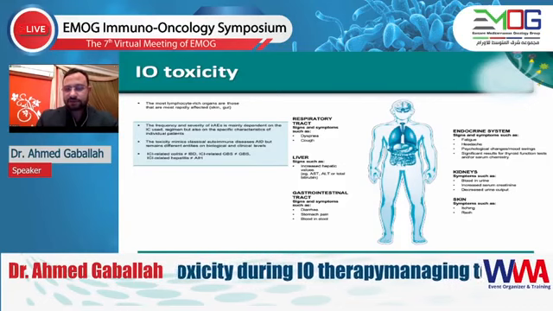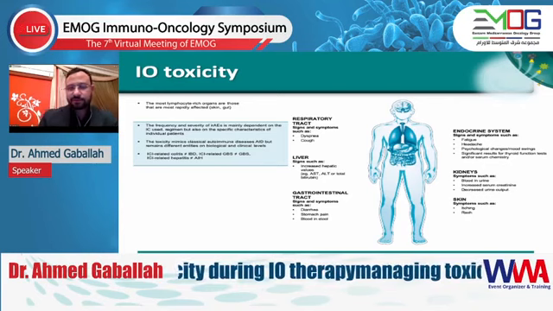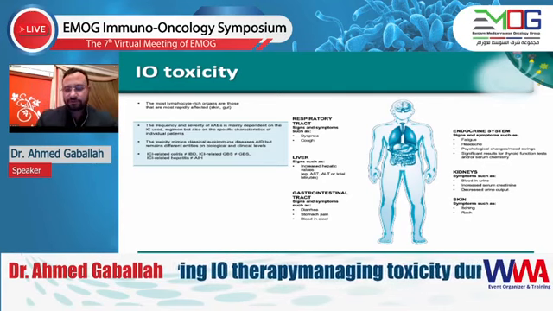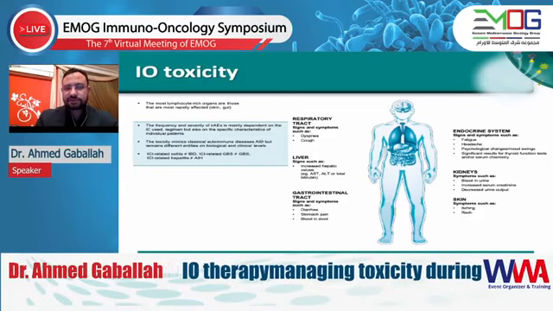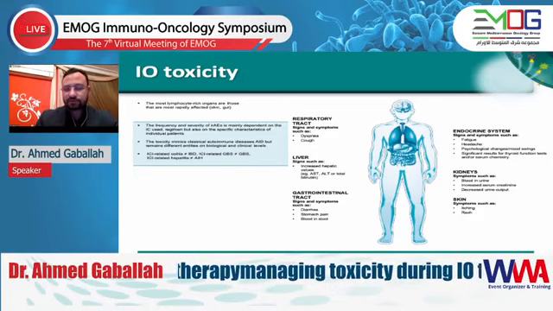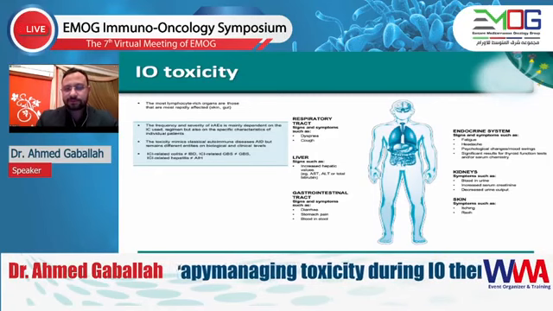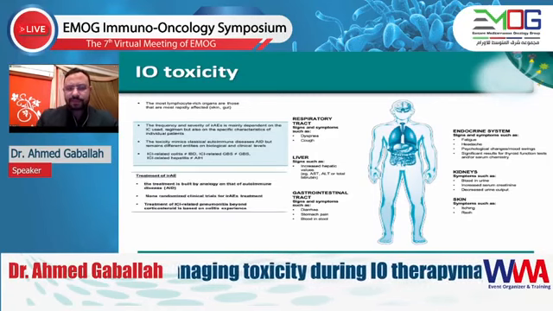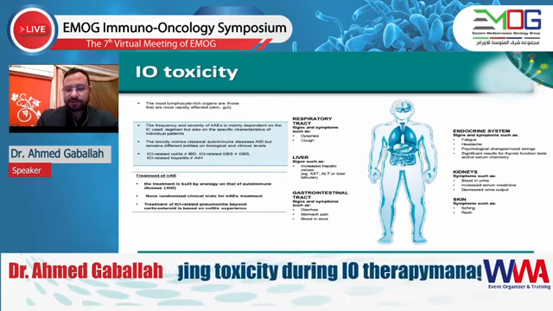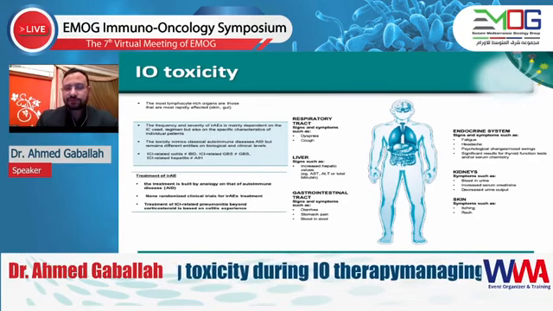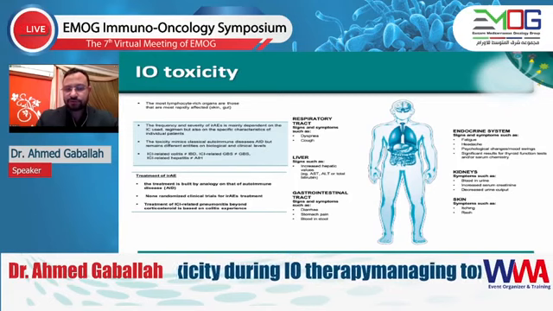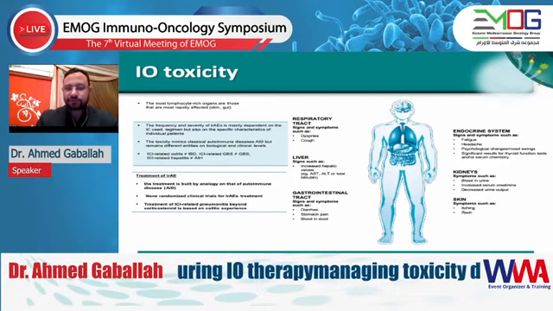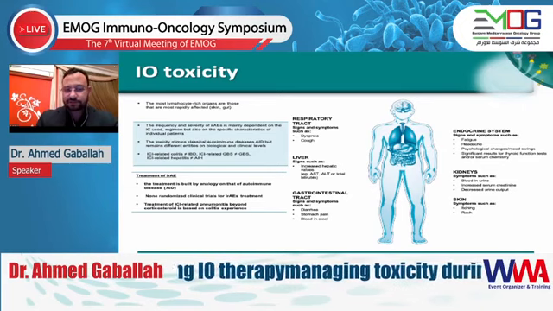The toxicity that occurs during immunotherapy mimics autoimmune disease, but they are not autoimmune diseases. That's to say that immune checkpoint inhibitor-related colitis is not like inflammatory bowel disease. They are treated the same, but they are not the same. The treatment of immune-related adverse events was extrapolated from the treatment of autoimmune disease, because we don't have any randomized trial of how to treat them.